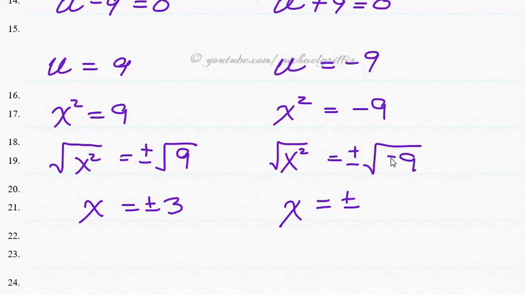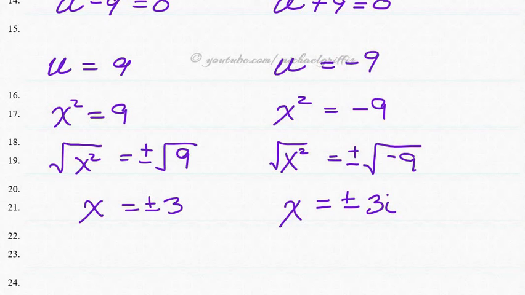Okay, so at this point, if you've been following me in my other tutorials, you should know that the square root of a negative is going to be i. The square root of 9 is 3. So this is going to be 3i right there. Okay.